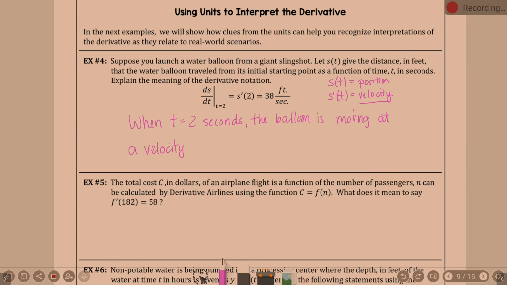Oh, actually mine says at an instantaneous velocity of 38 feet per second. Again, does the instantaneous have to be in there? No, it's just, you know, knowing that word is helpful.